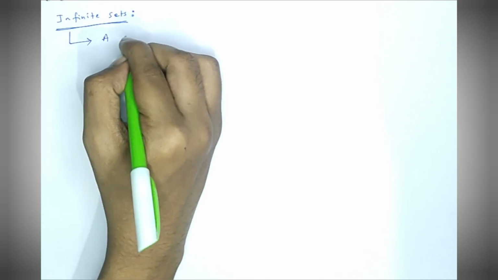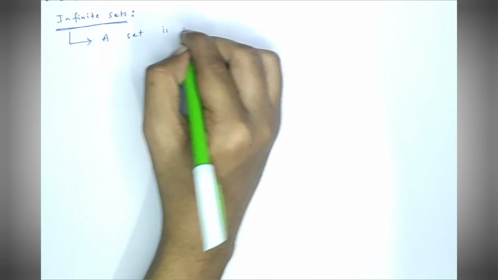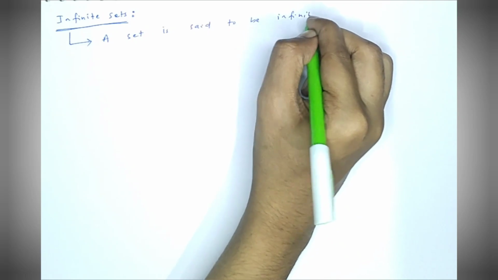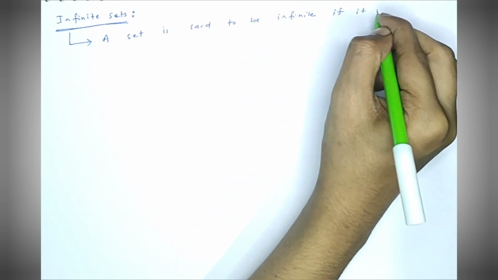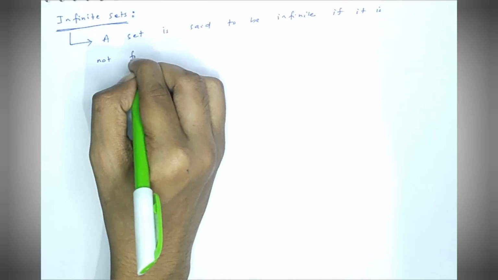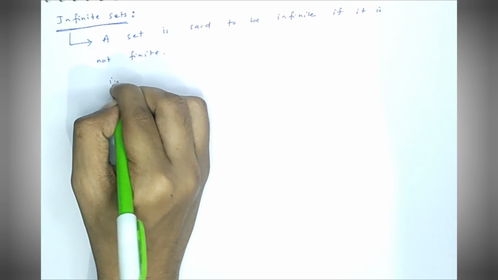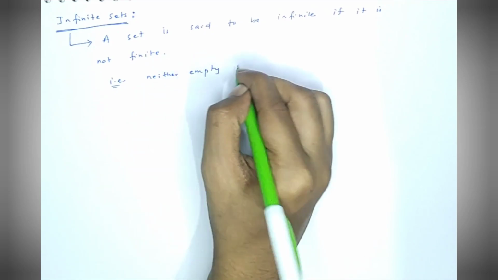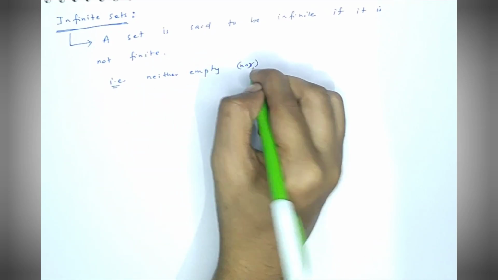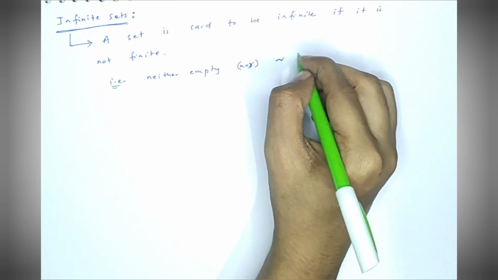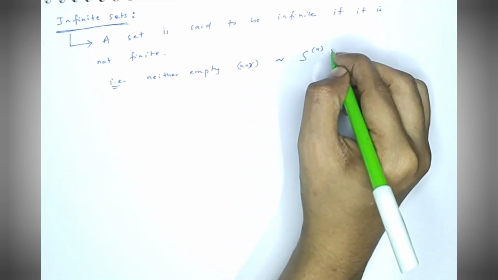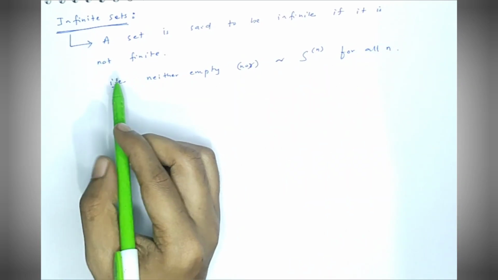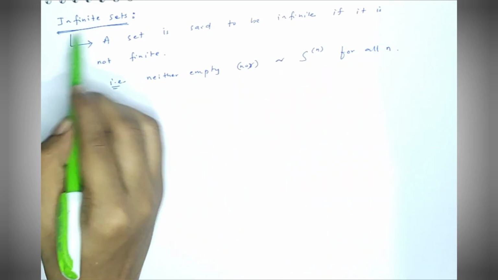A set is said to be infinite if it is not finite, that is, neither empty nor similar to the initial segment Sn for any n. So what are infinite sets?